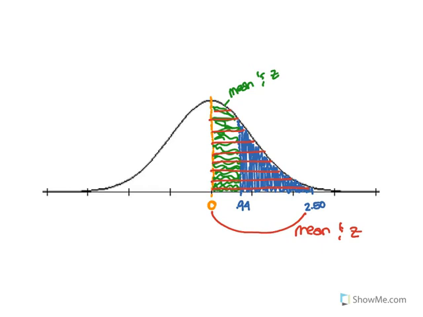But his mean and Z measurement is going to include this piece, what I need, and this piece in green, what I don't need. Keep in mind what I just said. That measurement all the way to 2.5 is going to include this piece, what I don't need, and this piece that I do need. So it makes sense to me that I can subtract the two pieces. I can go get the mean and Z for 2.5, and I can go get the mean and Z for 0.94.